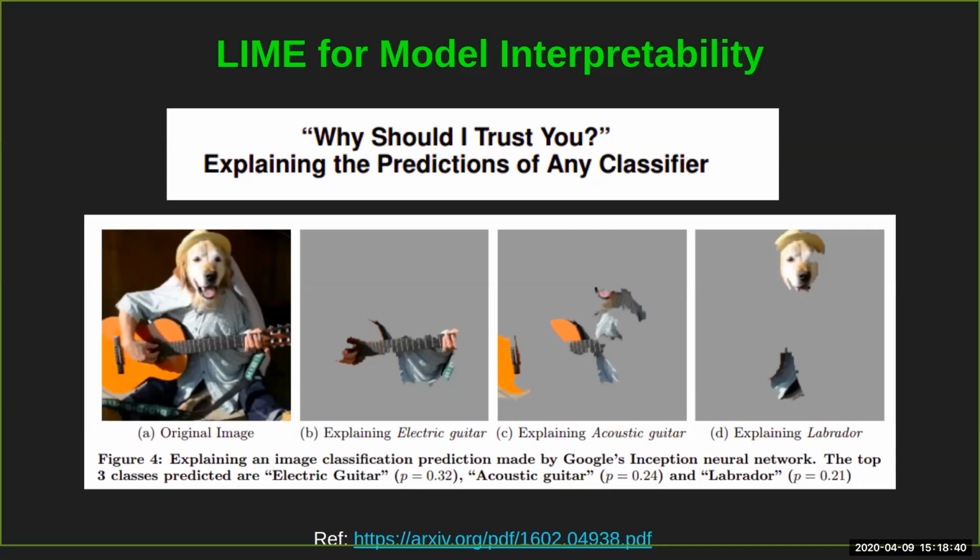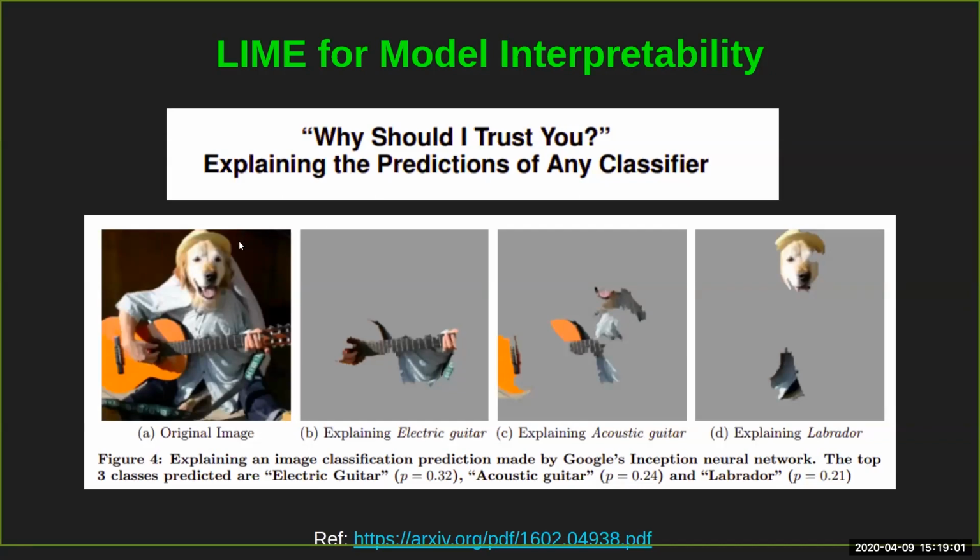So there is one research paper and framework called LIME. LIME gives you local interpretability of target models. When you pass an input sample to LIME, it will tell you which features inside the sample are responsible for that sample being classified to a target class.